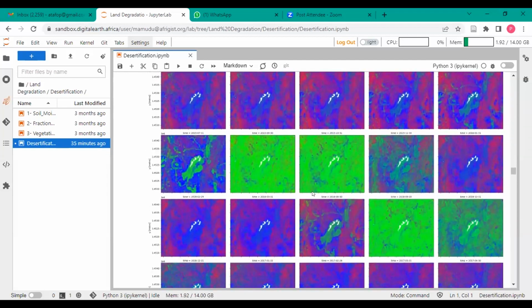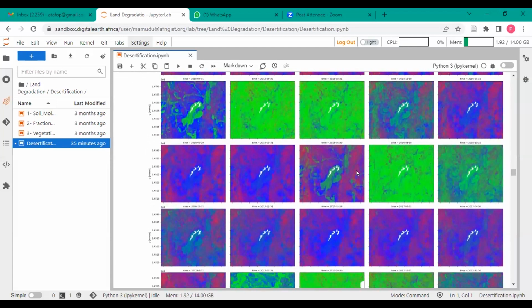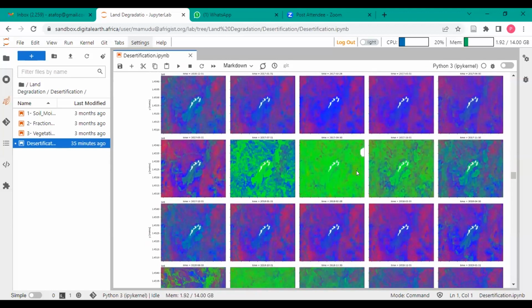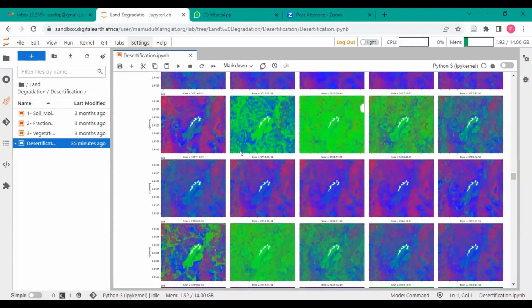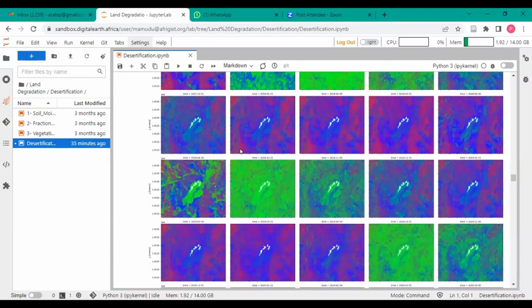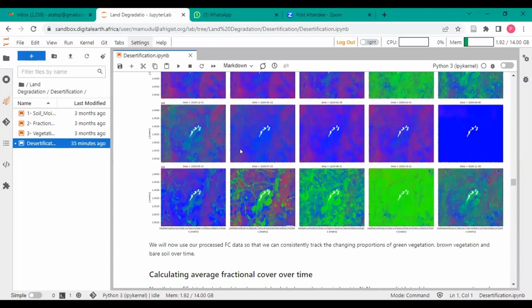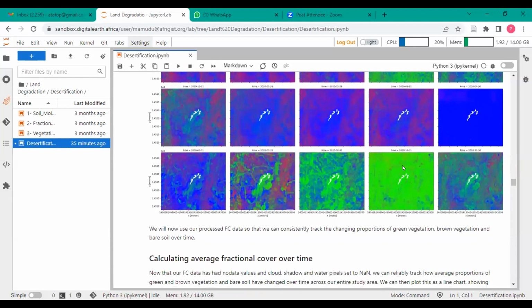This also gives an indication of the weather, the seasonal periods in this study area. Around here, we can say it's mostly dry season, and then by the July, we are beginning to have more rains and more greens, and the area becomes green until it becomes dry again. So we're able to analyze the monthly fractional cover in the study area between 2015 and 2020.